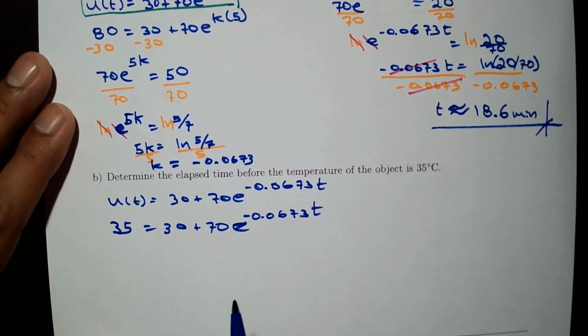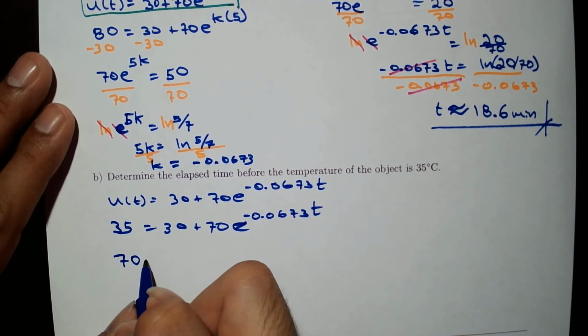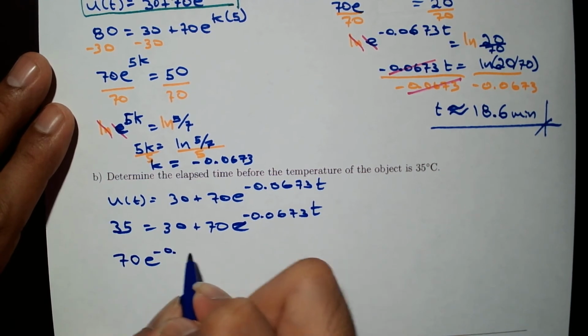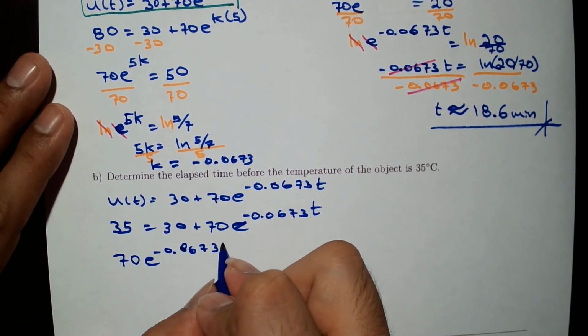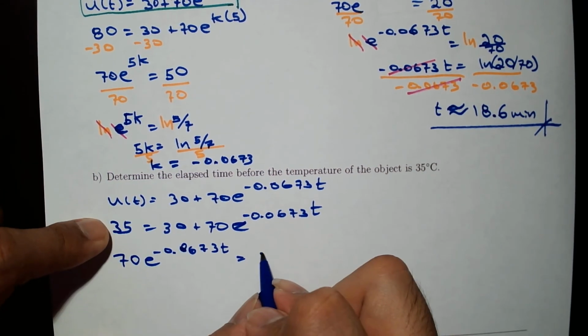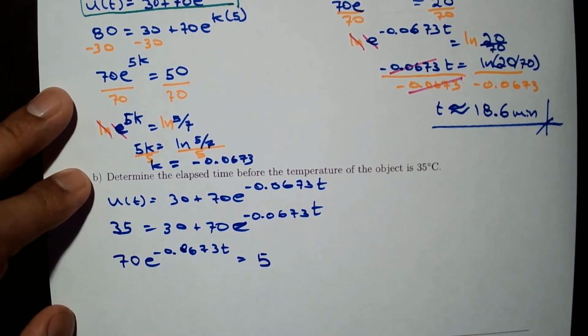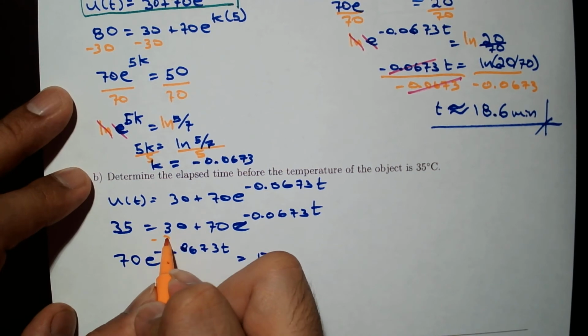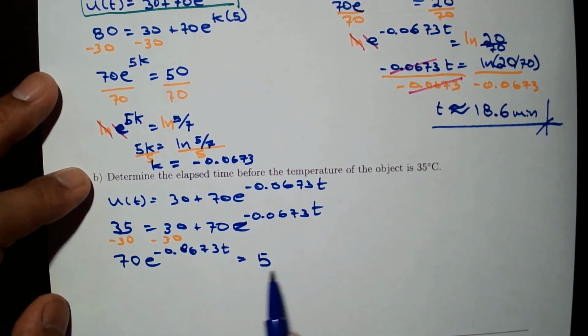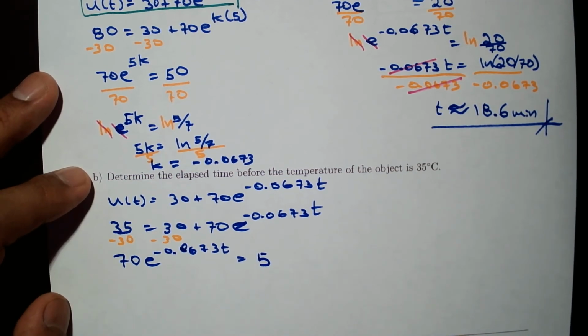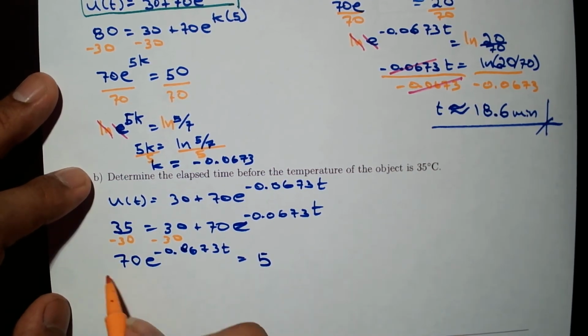So subtract 30 from both sides, we get 70 e to the negative 0.0673 t equals 5. That is minus 30, minus 30. And divide both sides by 70.